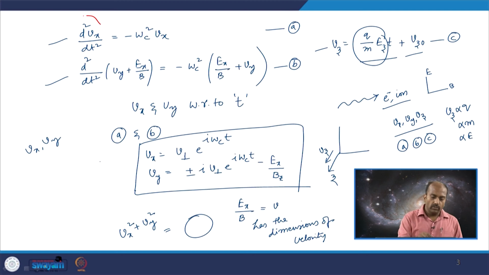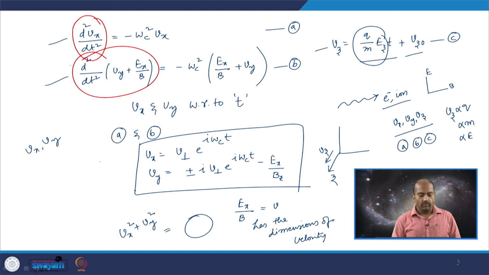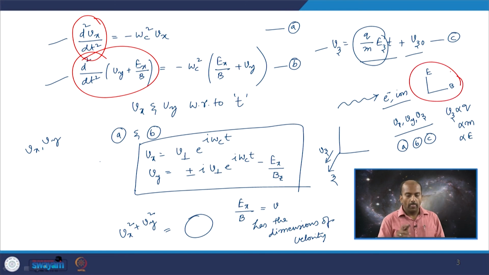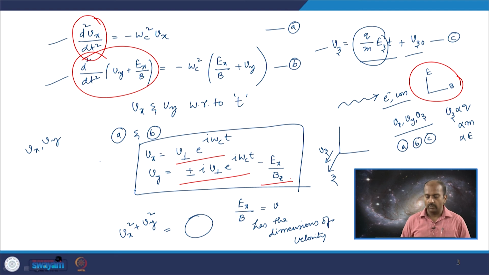So, the solution of these two differential equations has to tell me how the particle's velocity will change with respect to time when you have electric and magnetic fields. Okay. Now, I have been able to solve these equations to get the solutions as this, Vx is equal to this and Vy is equal to this plus this. So, what I realized is that Vz, of course, the z component of velocity is changing linearly with respect to time plus a constant value.